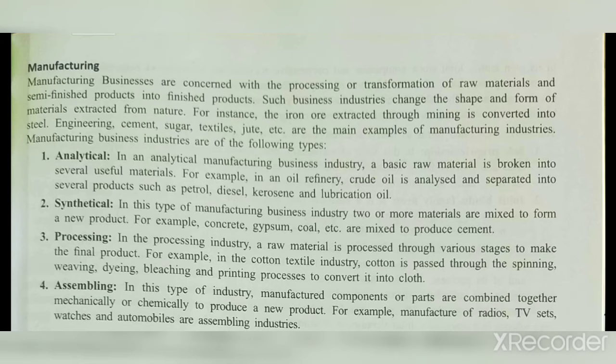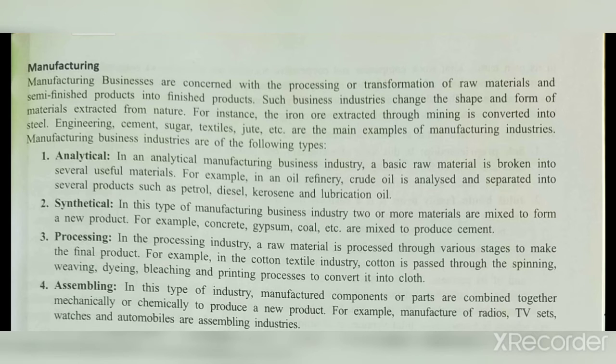Manufacturing is the main business activity, and in this we have one more type, a sub module, that is analytical. So what does analytical actually mean? In this business industry, a basic raw material is broken into several useful materials.